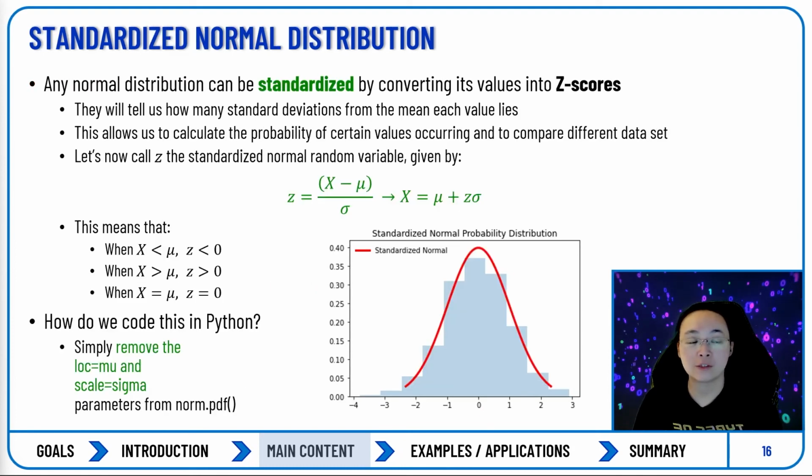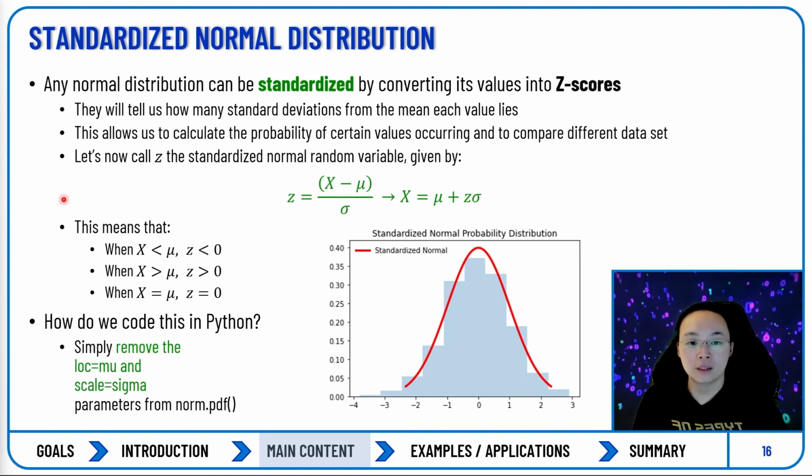With the standardized normal distribution, any single normal distribution can be standardized simply by converting their values to z-scores. We've already talked about z-scores. The z-scores essentially tell us how many standard deviations from the mean each value lies. So if we simply plot all of the z-scores, we'll be able to get a normal distribution that's centered at 0.